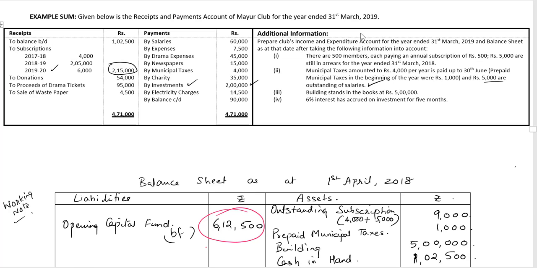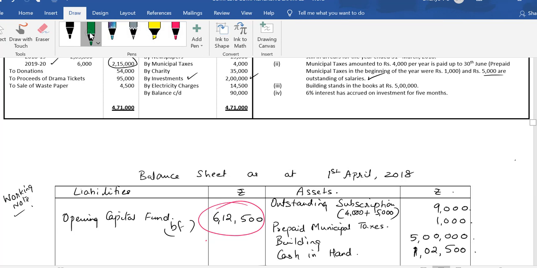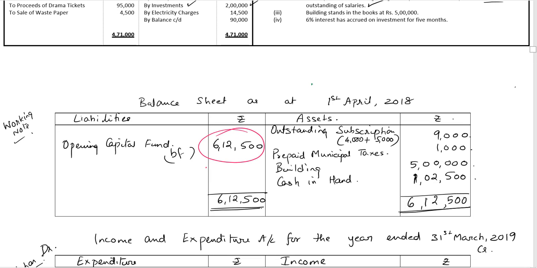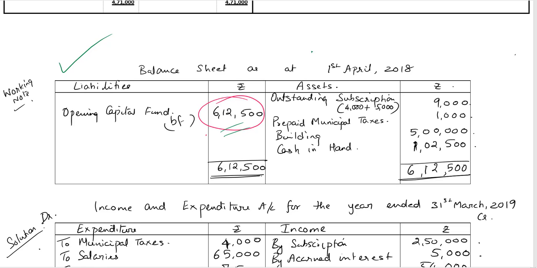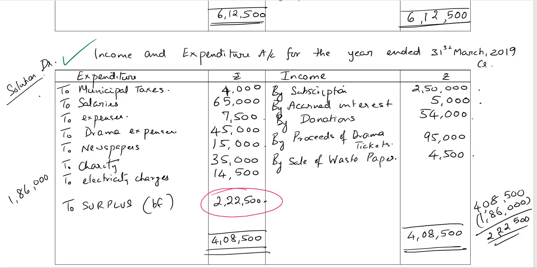So that's the question on top. This is the opening balance sheet where we arrived at the opening capital fund as 6,12,500. Income and expenditure account, where we arrived at the surplus as 2,22,500 rupees.